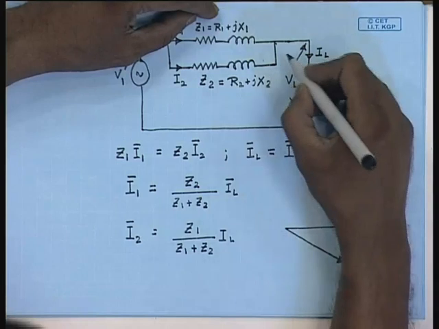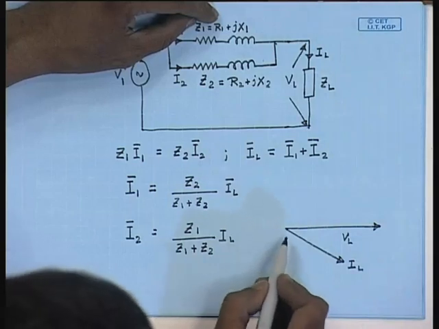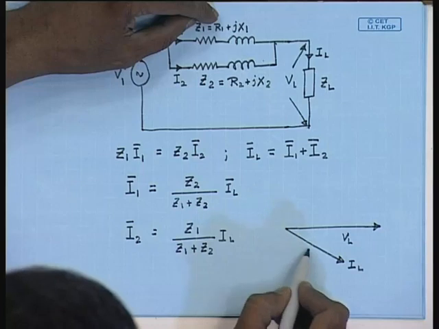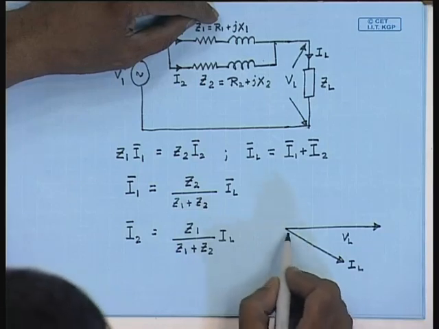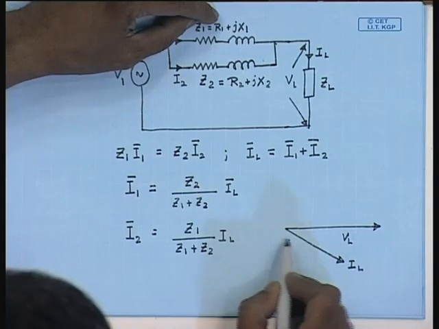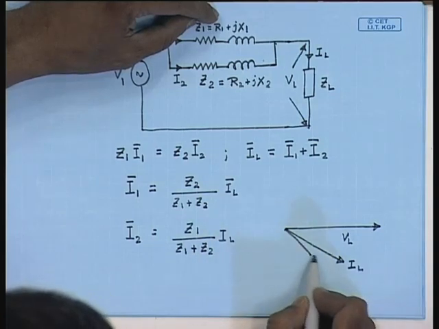The phasor sum of I1 and I2 is equal to IL. So, let us say this is I1 and this is I2.